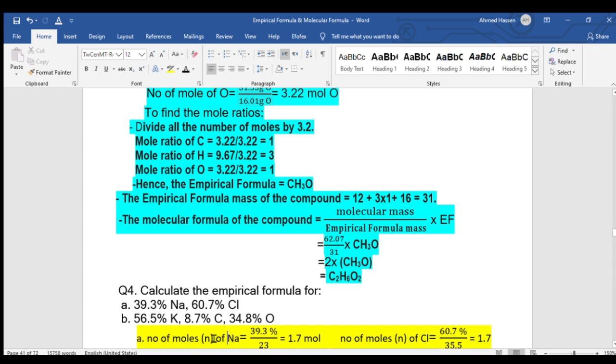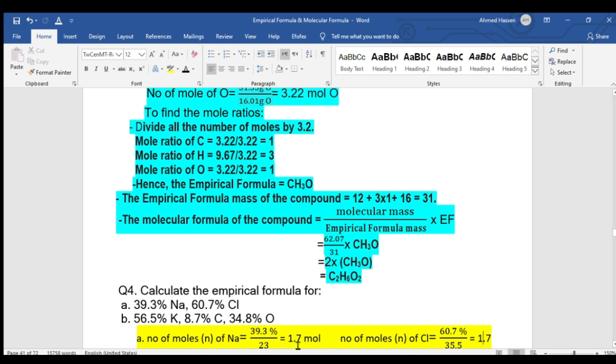Number of moles of sodium is equal to the given mass of sodium, 39.3%, over the atomic mass of sodium, 23. Therefore, 39.3 divided by 23 is equal to 1.7. And number of moles of chlorine is equal to 60.7 divided by 35.5, which is equal to 1.7.